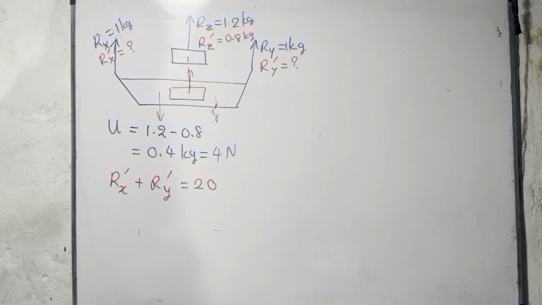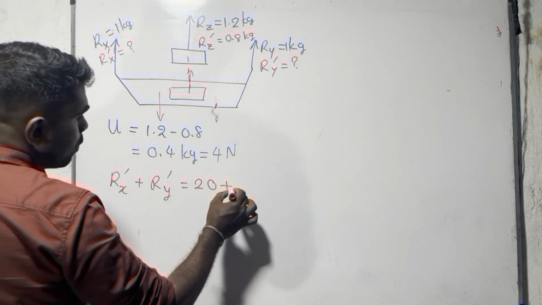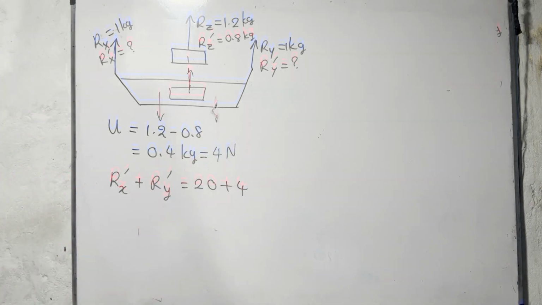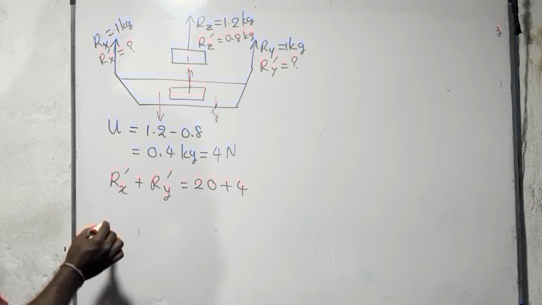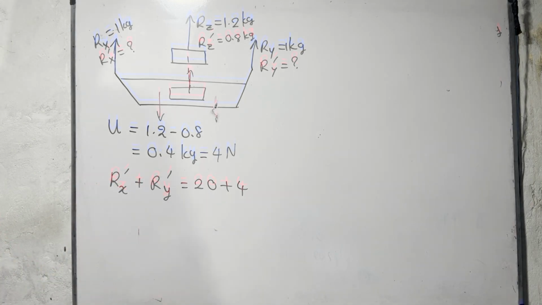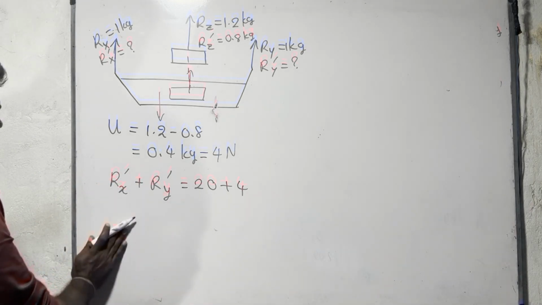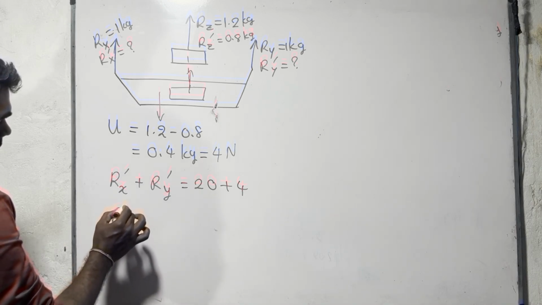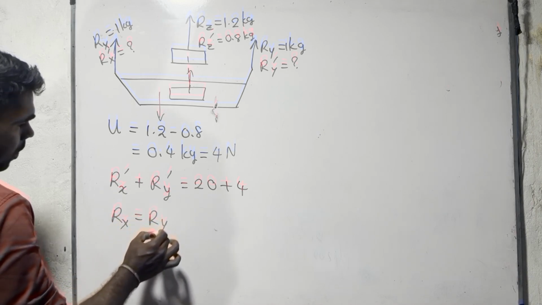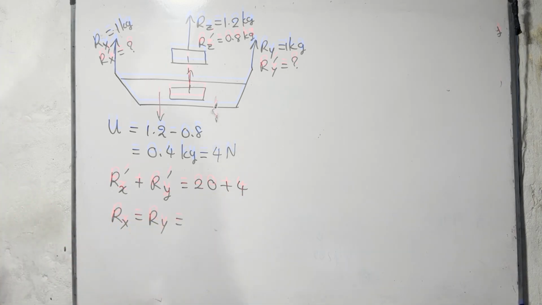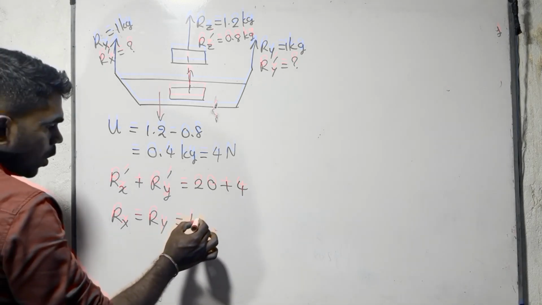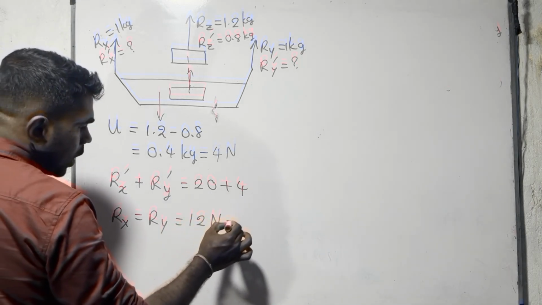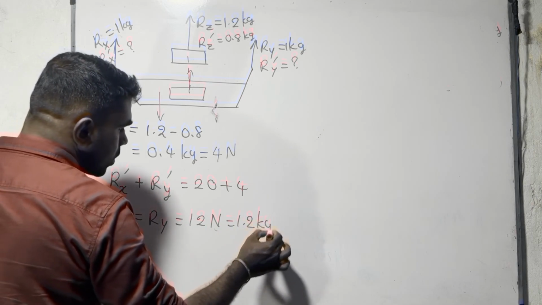And now it should increase by 4 due to the down thrust acting on water. And we know that Rx equals Ry. Therefore, we can get Rx equals Ry. 20 plus 4, 24, divide by 2, 12. 12 Newton. It is 1.2 kilograms.